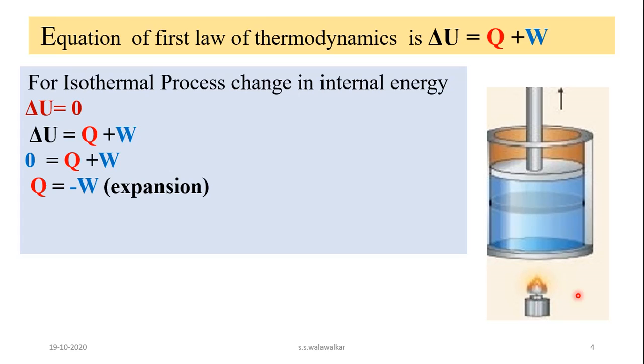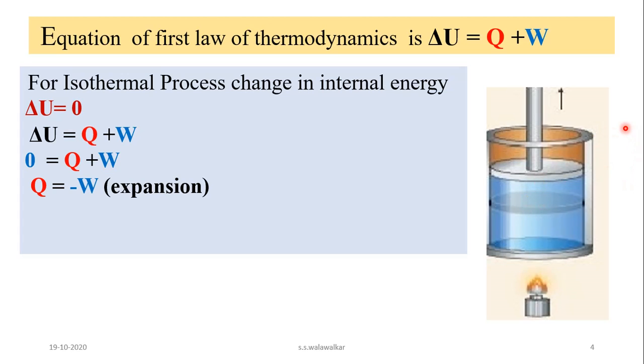See here, suppose this is the system and this is the initial state. The gas is enclosed in a cylinder fitted with a weightless, frictionless, movable piston, and V1 is the volume at the initial stage. When you supply heat to this system, expansion of the gas takes place.